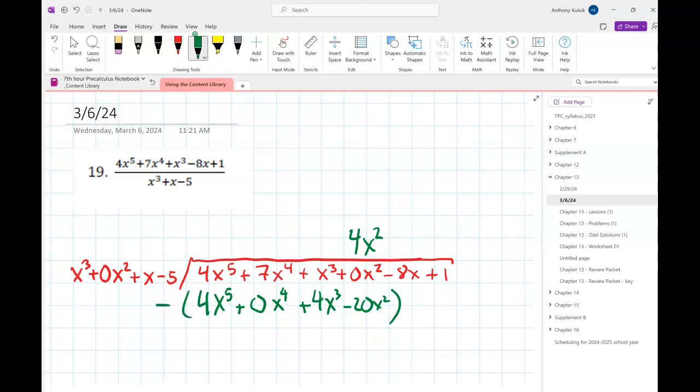And then we subtract down, right? But remember, Mr. Kulik says, don't think about this as a subtraction problem. Distribute the negative and then do an addition. So when I distribute that negative, I'd have this.